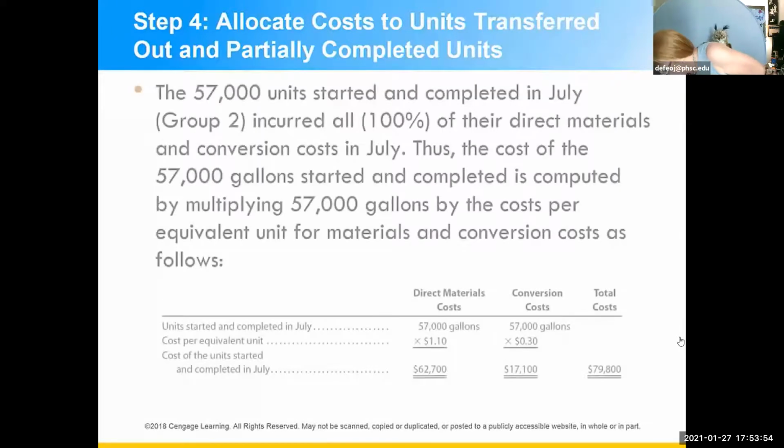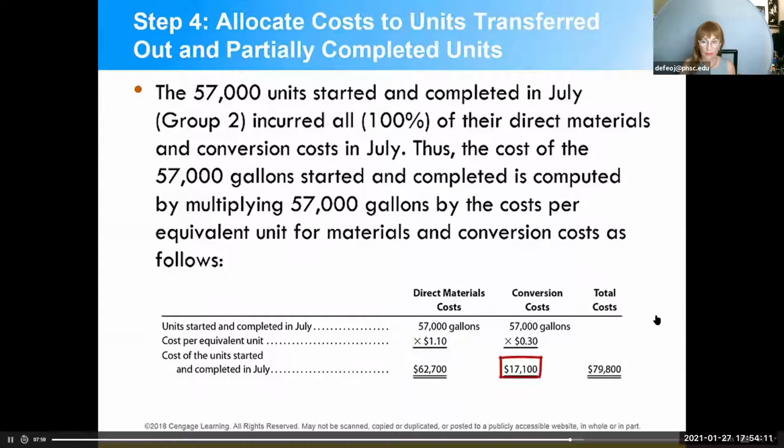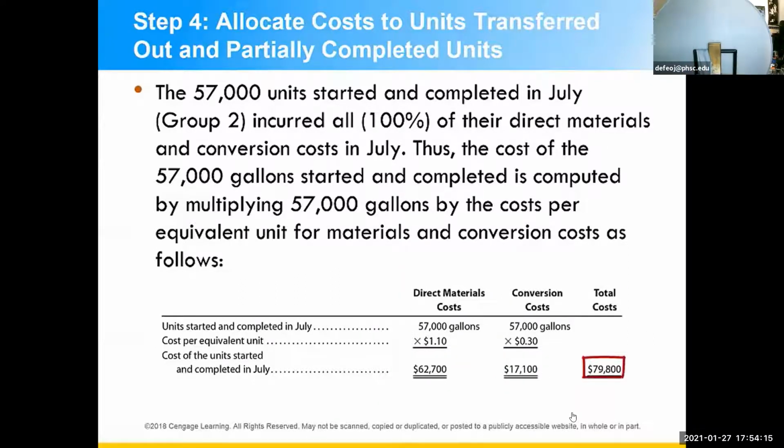Next, the cost associated with the units started and completed is determined. Using the 57,000 units and the rates determined previously, we arrive at $62,700 for materials cost and $17,100 for conversion costs. That is, a total of $79,800 to be allocated to units started and completed in July.